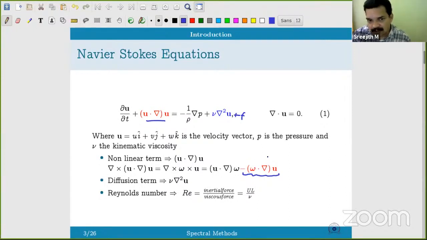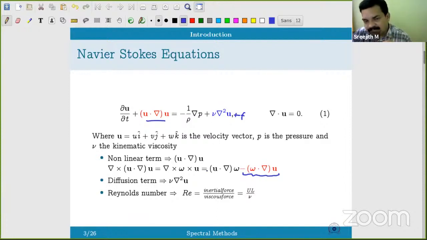So this nonlinear convective term is the main factor responsible for turbulence in fluid. This energy is diffused by the diffusion term, ν∇²u, which represents viscous diffusion.